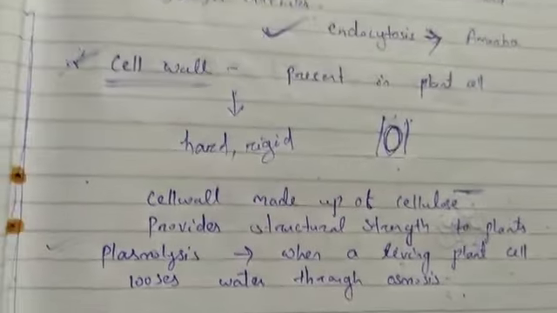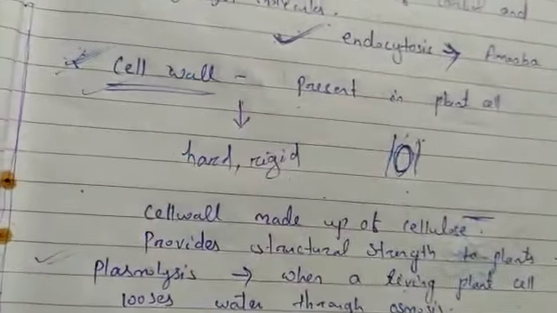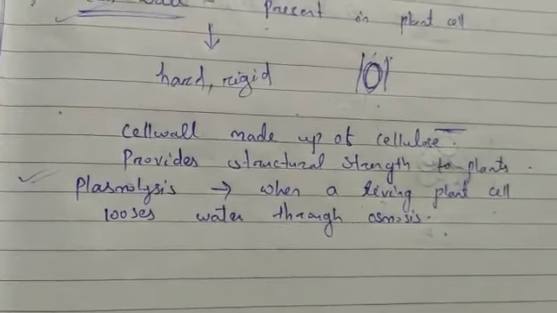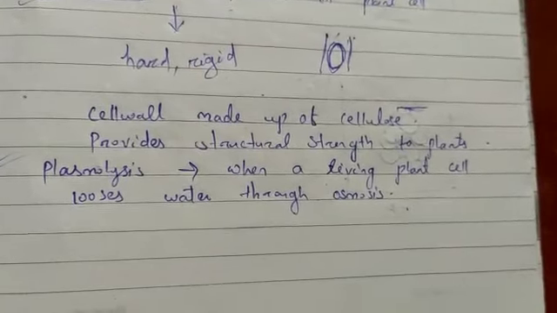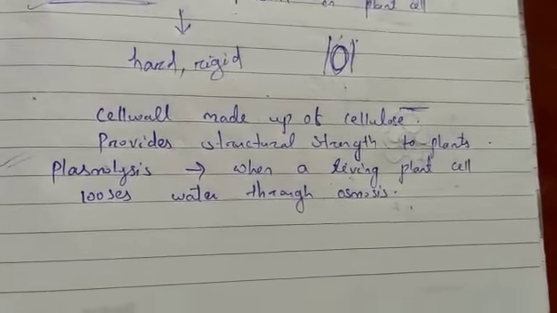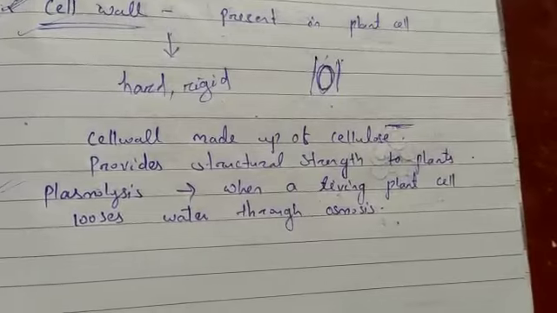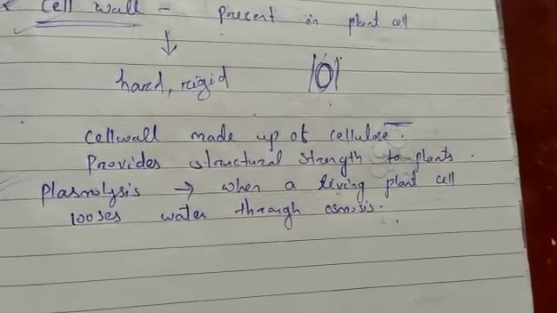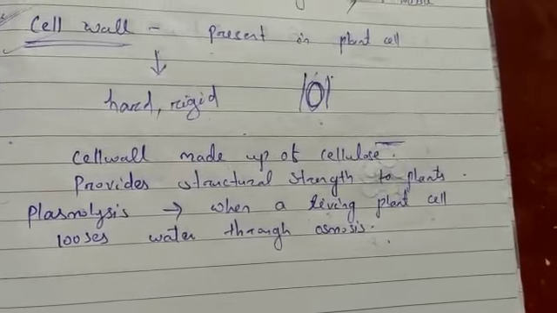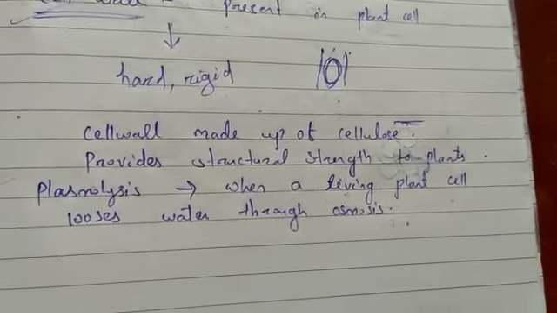The cell wall is very hard and rigid, and it permits the cells of plants, fungi and bacteria to withstand very dilute or hypotonic external media without bursting. Because I told in the previous class, if the surrounding has higher water concentration, the solution is very dilute, and that type of solution is called hypotonic solution.